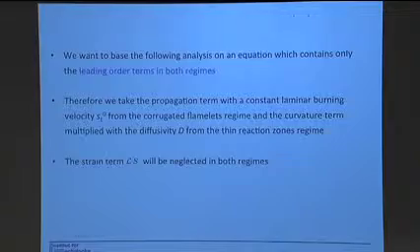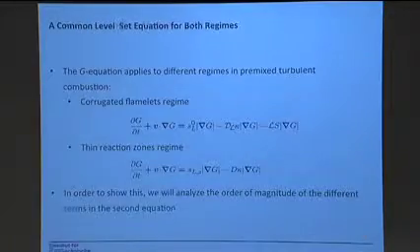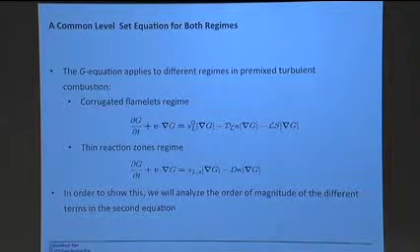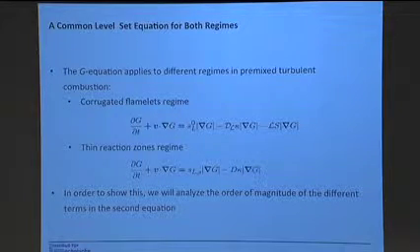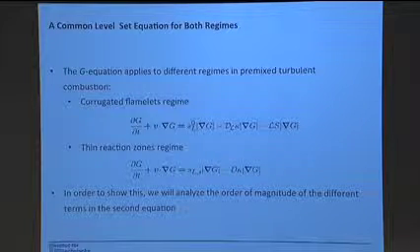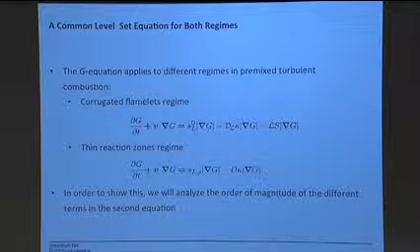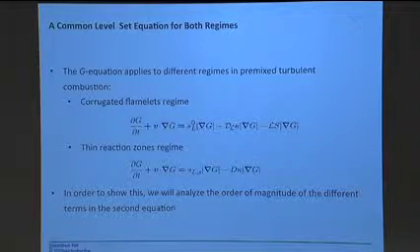Okay? So what we find then is, if we go back to these two equations, in the corrugated flamelet regime, this curvature term was not all that large, if we assume that dl divided by d is order 1.